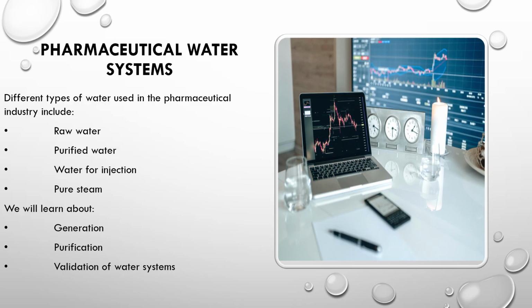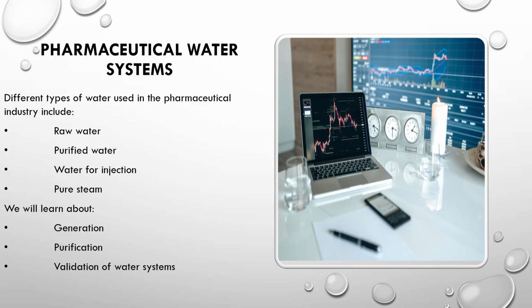Next is purified water. Think of purified water like filtered drinking water at home, but much cleaner. This type of water is commonly used in pharmaceutical plants for cleaning equipment, preparing solutions, and laboratory work. Now let's look at water for injection, also known as WFI.